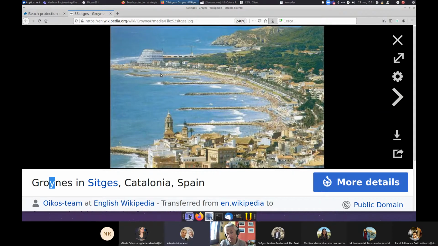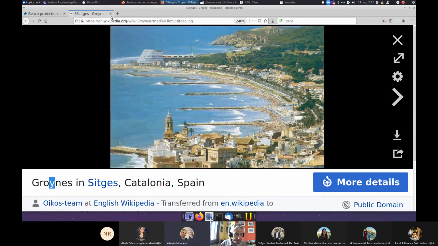Because the groins block the along-shore sediment transport, therefore originating the deposition of sand updrift, which means the side of the groin that is towards you who are looking at the screen. This is updrift. And they induce erosion of sand downdrift, the side of the groins that is towards the screen.